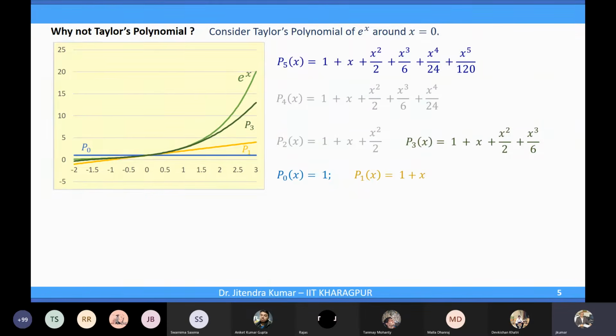As you go further, the interval of good approximation grows.